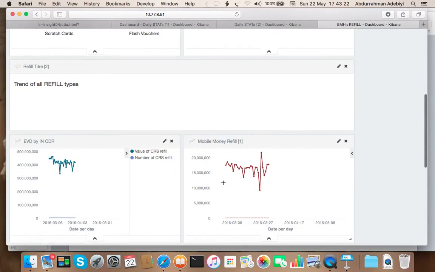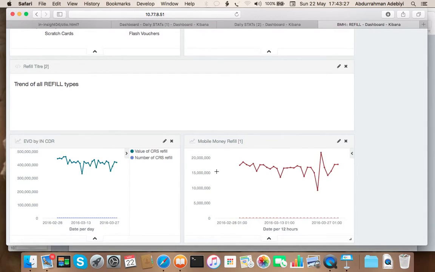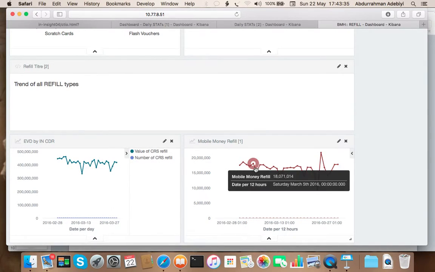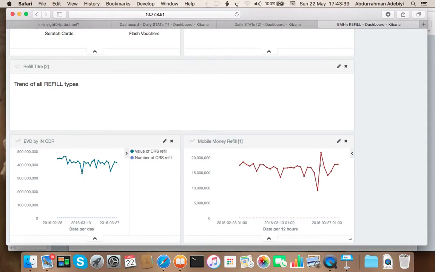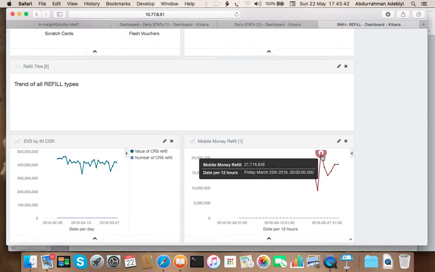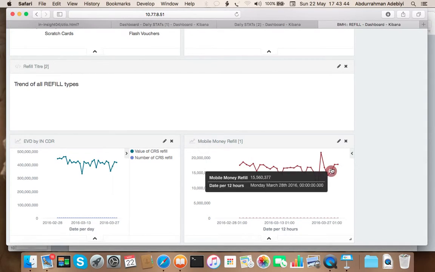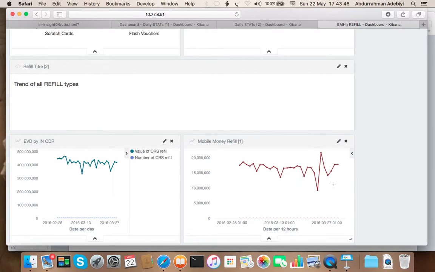This is quite similar to the first one we looked at, and we can zoom in. If we look at this closely, we can see the EVD remains constant. Mobile money reduced a little, but then peaked again about March 25th, and it's been improving in April.